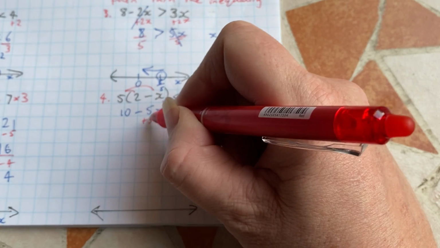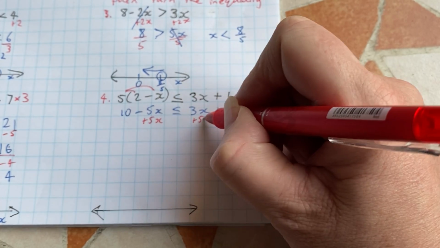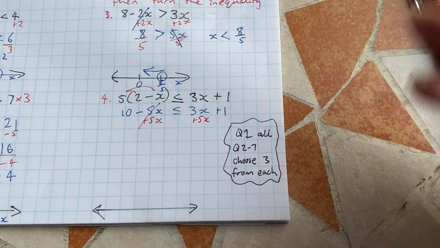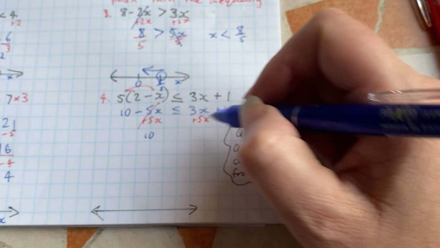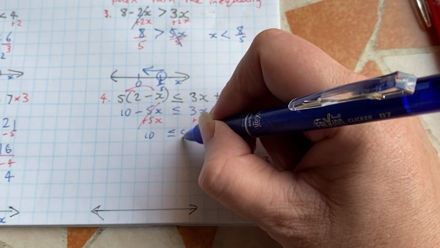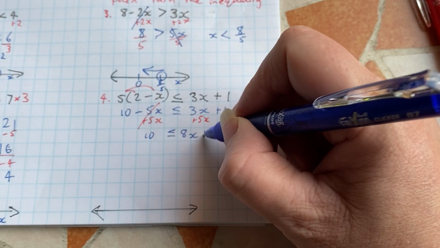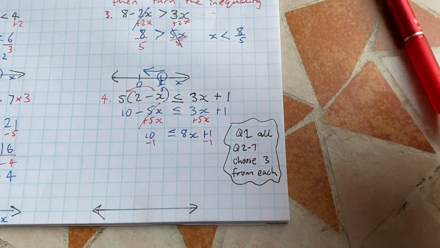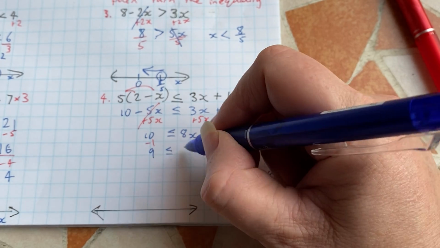Or we could add 5x, and that'll make things positive. Minus 5 plus 5 gone. So we've got 10x left, less than or equal to 3x plus 5x is 8x, and we've still got a plus 1. Let's minus the 1. 9 is less than or equal to 8x.